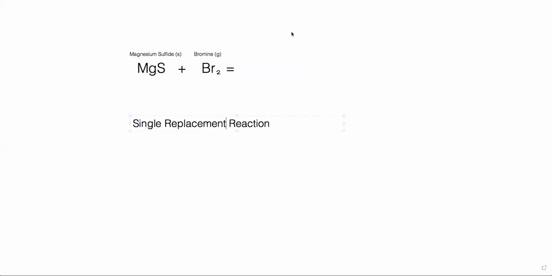It is single replacement. So whenever we have a situation like this, we know that we're going to have either the S is going to switch with the bromine or the Mg is going to switch with the bromine. So what's going to happen is the sulfur is going to switch with the bromine.